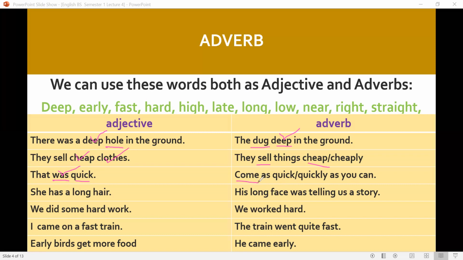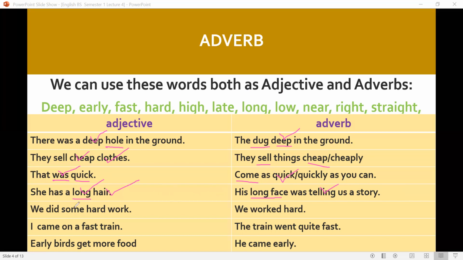Come, verb; quick explaining the verb. Here it is an adverb. She has long hair. Hair, noun; long, explaining the noun. So here it is an adjective. His long face was telling us a story. Long face telling us his story. So here it is an adverb.